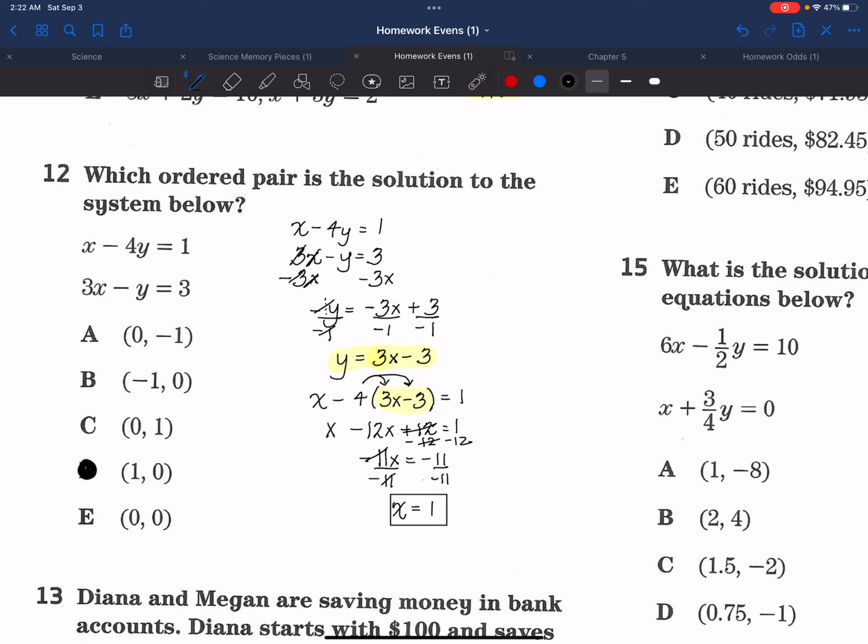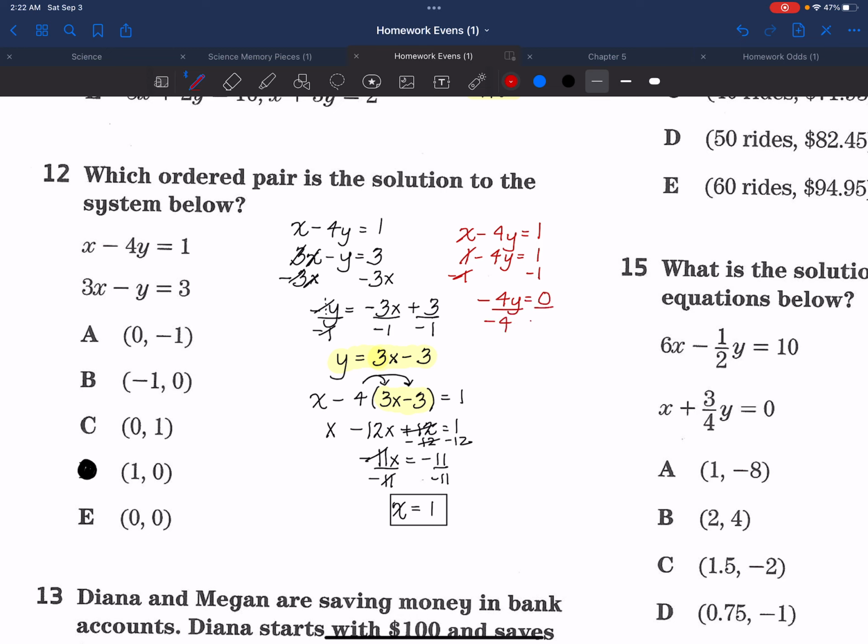If you want to prove the y value, you can just take one of your equations and substitute in the 1 for the x, minus 1 from both sides. So you're left with negative 4y equals 0.